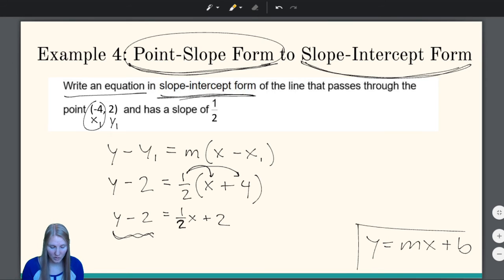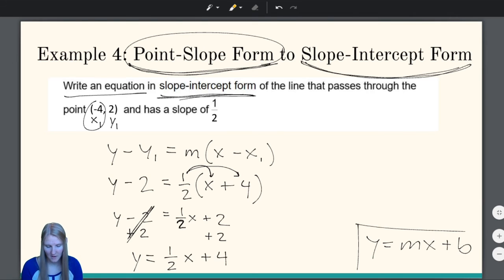So what we're going to do is get the y by itself. I'm going to add 2 to both sides of the equation. So that gets rid of it on the left side, and I get y equals 1/2 x plus 4.